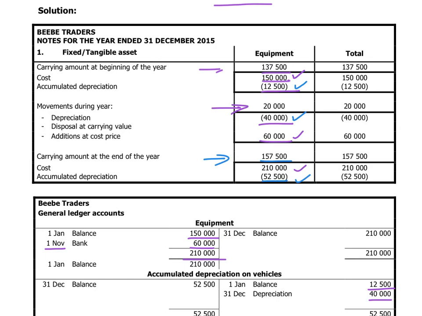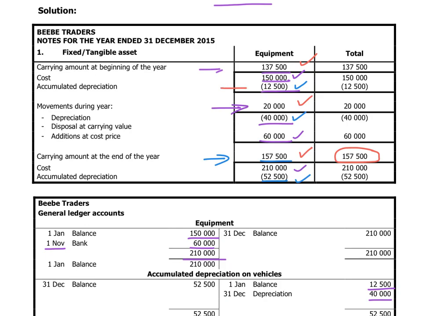I can also check this to make sure that I didn't make any mistakes. So the opening carrying amount is 137,500 plus the movement during the year of 20,000. So therefore the carrying amount is 157,500. Therefore it indicates to us that no mistake was made. This total carrying amount of all your assets at the end of the year is the amount that will be recorded in the balance sheet.